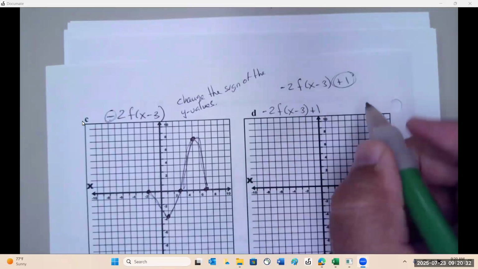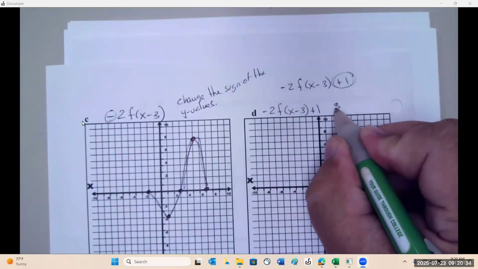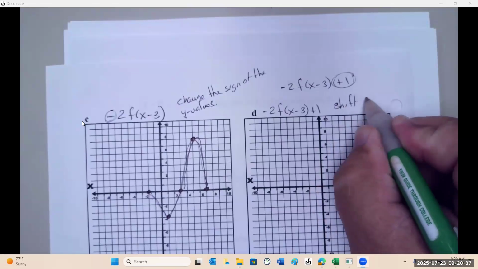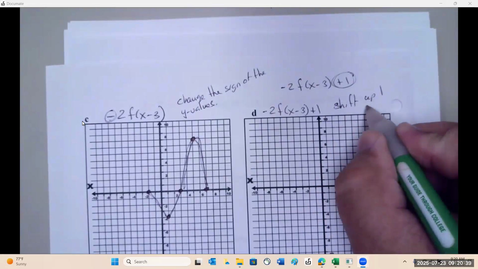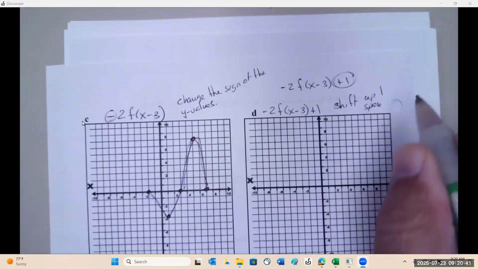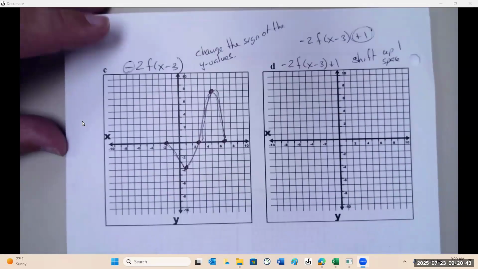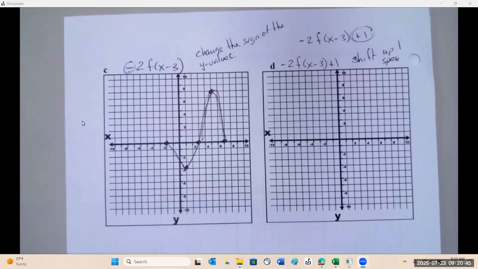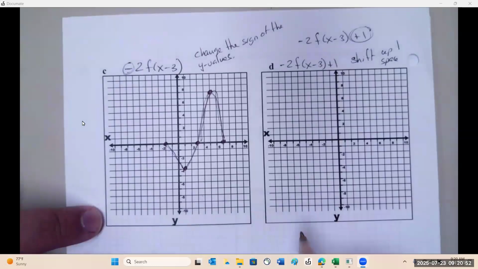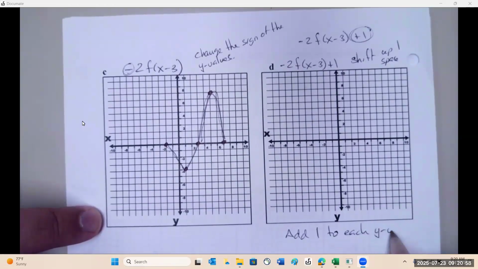Shift up one space. So the entire graph shifts. When I say shift up one space, what this one says is add one to each y value.